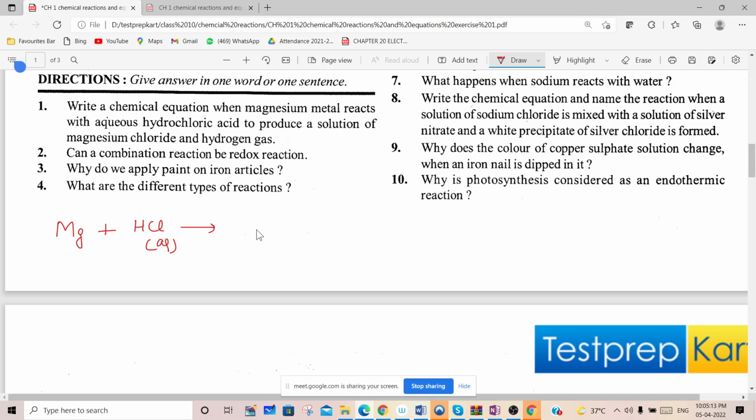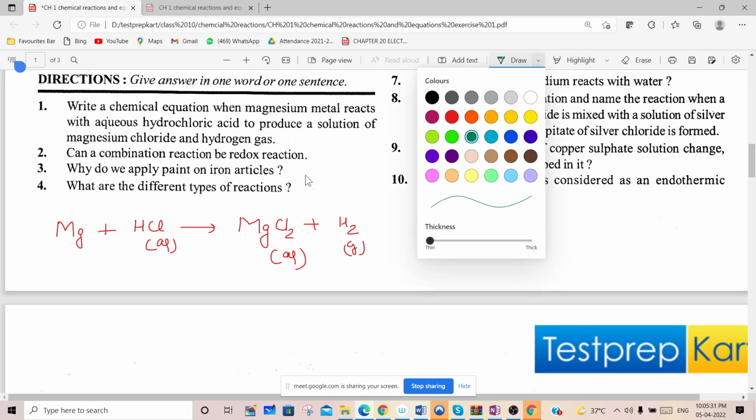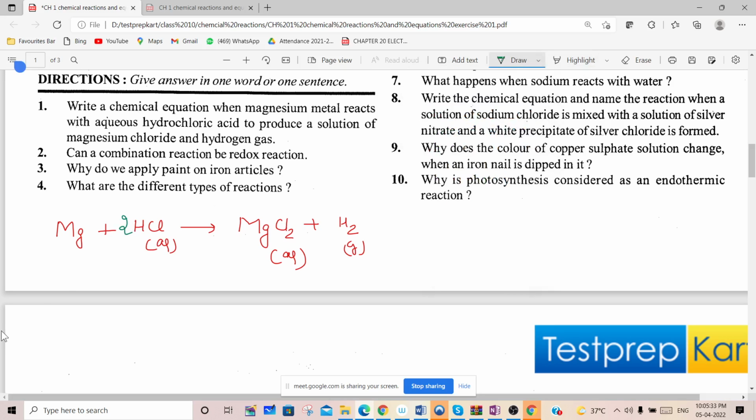What is the chemical formula of magnesium chloride? MgCl2. Make it a balanced equation. Mg plus 2 HCl gives MgCl2 plus H2. Good.